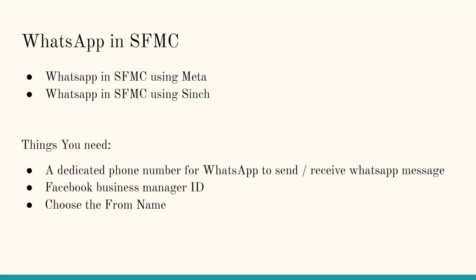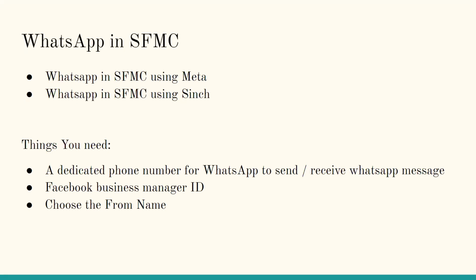That's one. Next, you have to have a Facebook Business Manager ID, because WhatsApp comes under Meta. Meta is all tagged under the Facebook Business Manager, wherein you can monitor how the conversation happened, what your score is, and things like that. The third thing is you have to choose your from name.